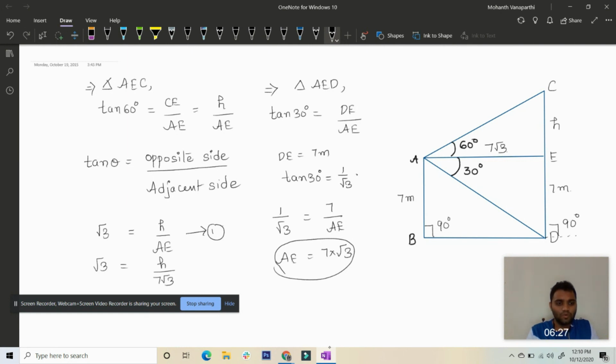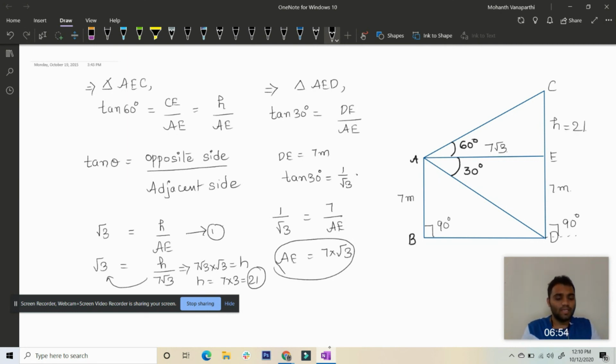Now I am transposing the 7 root 3, which is in the denominator, to the LHS. When I do that, I will get 7 root 3 into root 3 is equal to H. So finally H is equal to 7 into 3, nothing but 21. So the value of H is equal to 21.